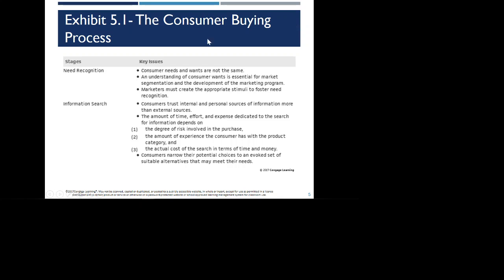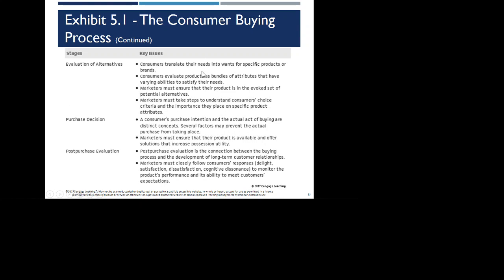There are lots of types of external information search. Then you figure out what your possible options are, and you evaluate each one, then you make a particular purchase, and then finally you evaluate that purchase after you've consumed it. So it's important to know what goes on in each of these five steps.